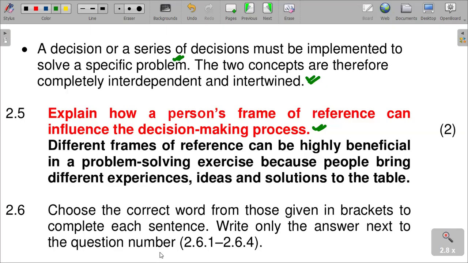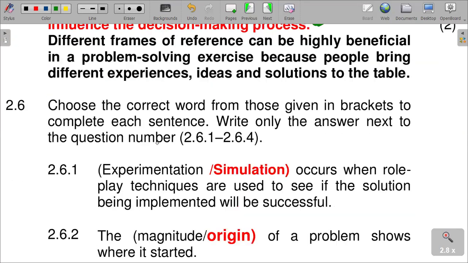Hence, it can also relate to the problems at the current moment. So the frame of reference is very important. Where do you come from? What has happened before? How did you solve the problem? All those are beneficial references that can come into a problem-solving exercise, which people can bring in terms of solutions to whatever problems they are facing.